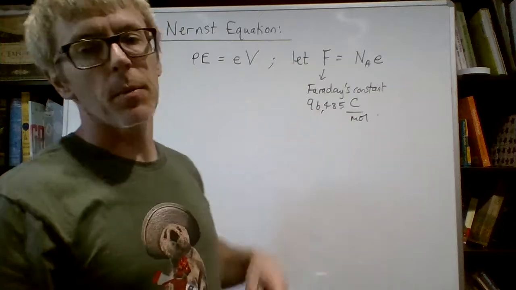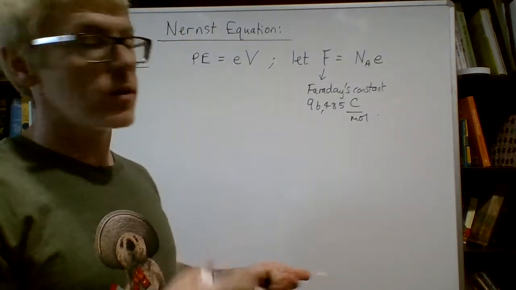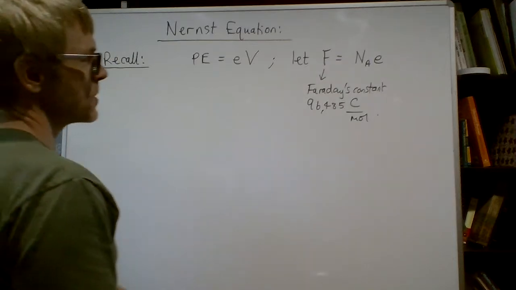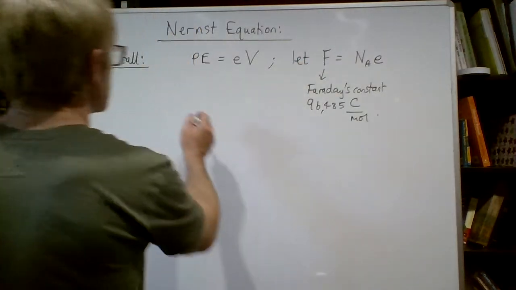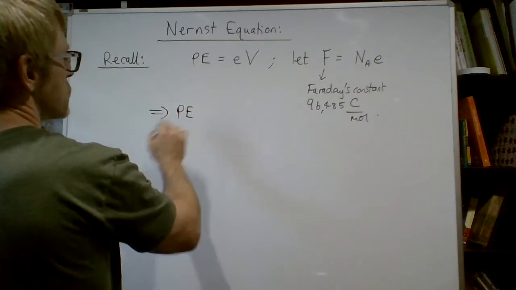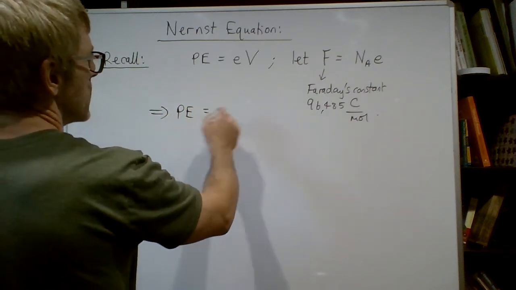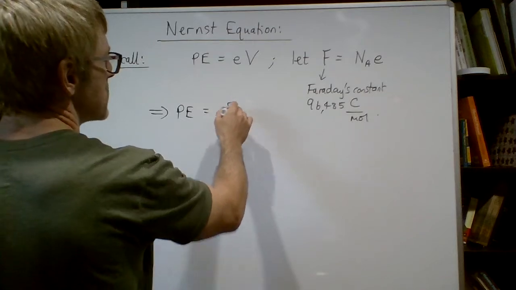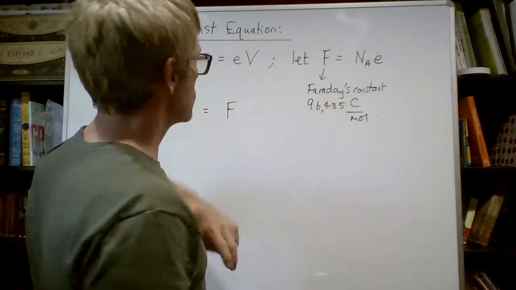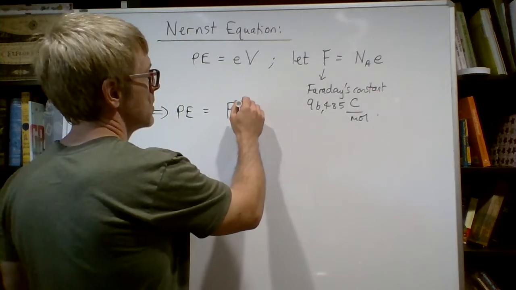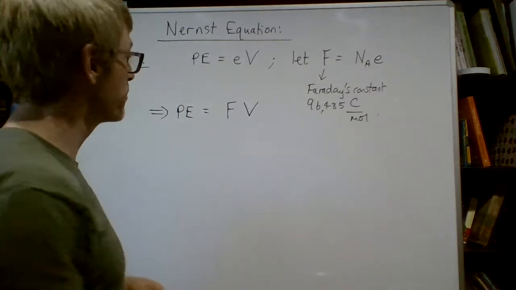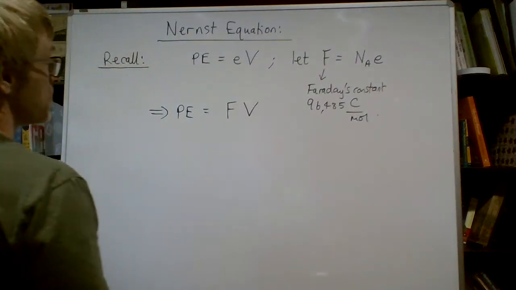So this is probably a number worth remembering for any assessment at the general chemistry level of electrochemistry. So we can say that our electrical potential energy is now, instead of just one electron, we've scaled it to a mole's worth of electrons times the voltage.